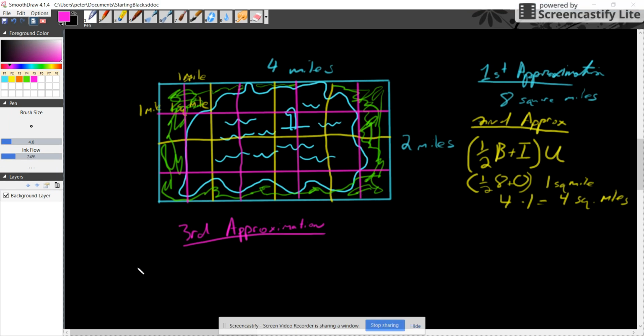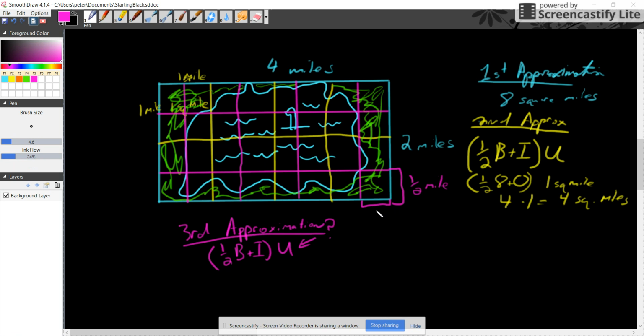So now my question to you is, we still need to use our formula 1/2 B plus I times U. What is our U value? How long is this zone now? If this whole section, from top to bottom, is 1 mile, this would be 1/2 mile.